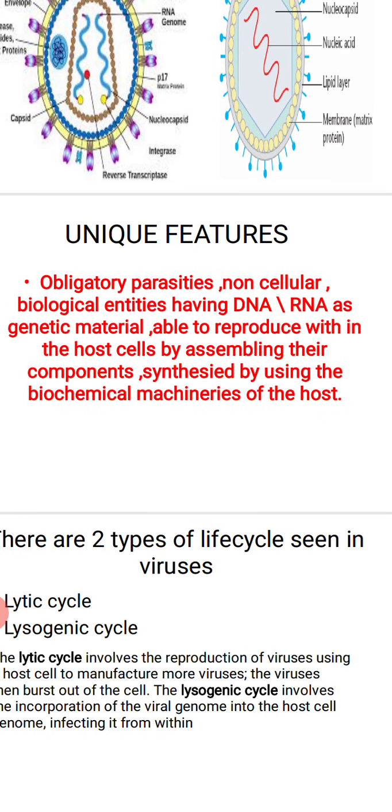The unique features, in a nutshell: the virus is an obligatory parasite, a non-cellular biological entity having DNA or RNA as genetic material, able to reproduce within the host cell by assembling its components, synthesized using the biochemical machinery of the host.